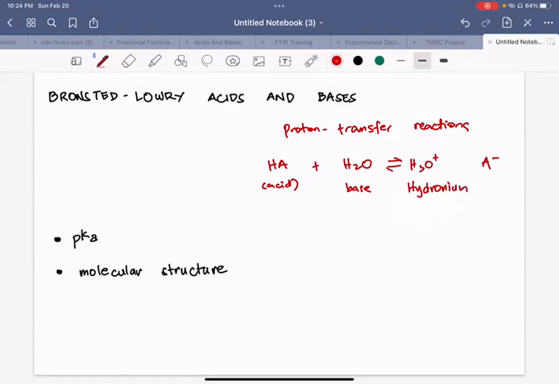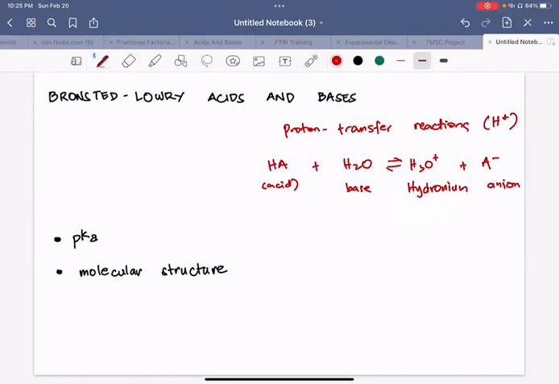So A minus here is the anion of the acid. So this is a typical example of a proton transfer reaction. The proton, which is H plus in chemistry, the proton of HA is transferred to the water, thereby producing H3O plus, the hydronium ion, and the anion.